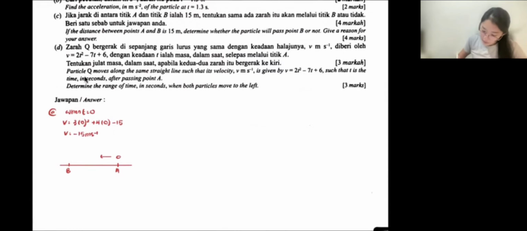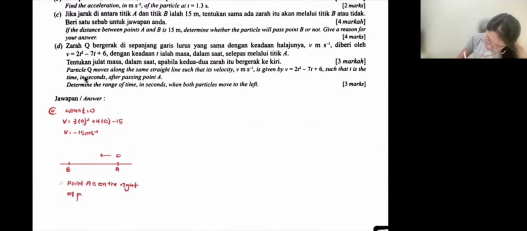So what they ask you, where is point A? So point A is on the right of point B. So 1 mark over here. Make sure you write it in a sentence.